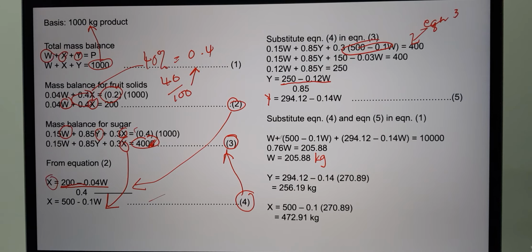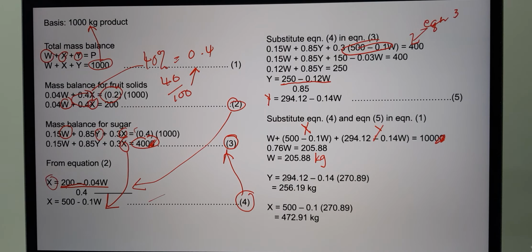Okay, you have W plus (500 minus 0.1W), where this one is X, and then this one is Y from equation number 5, equals to 1000. So 0.76W equals 205.88. So you should be able to get W. Okay, W is 205.88 kilograms.